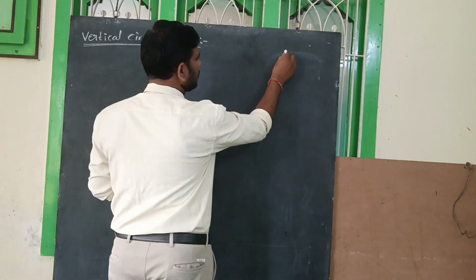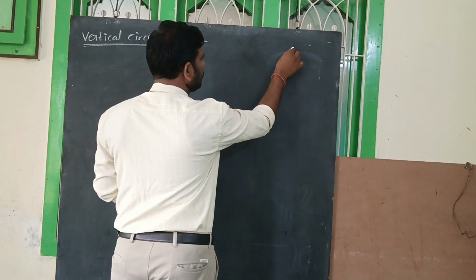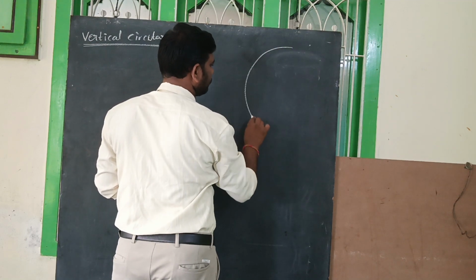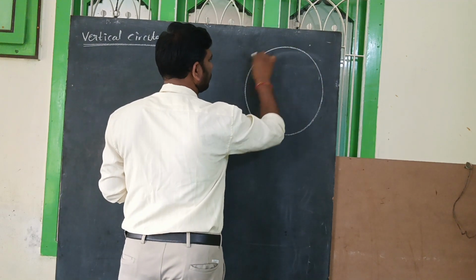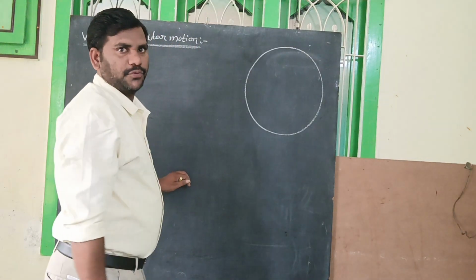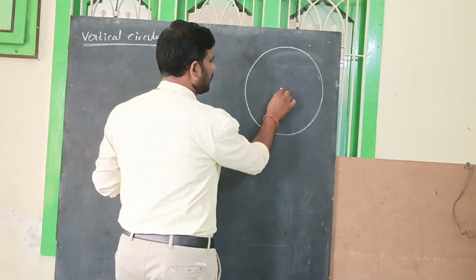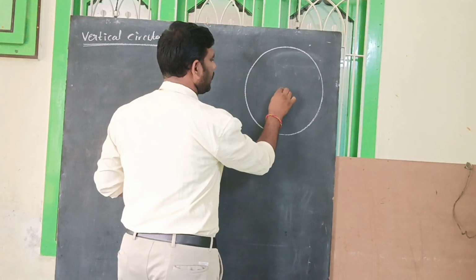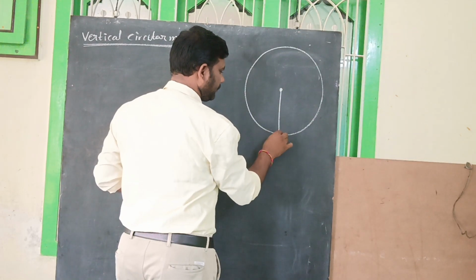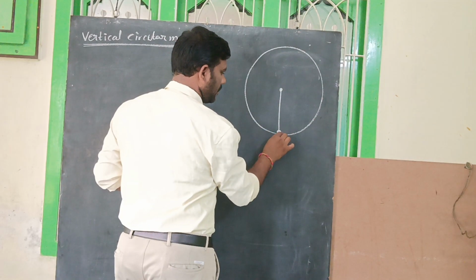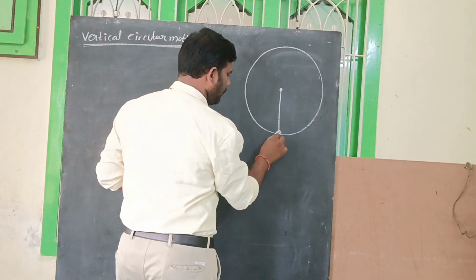Suppose we consider vertical circular motion. In this vertical circular motion, we hang a bob. So this is the bob.